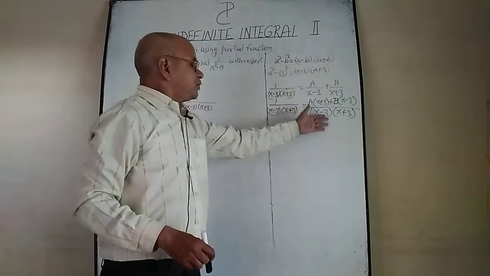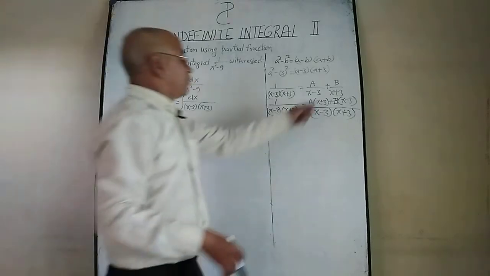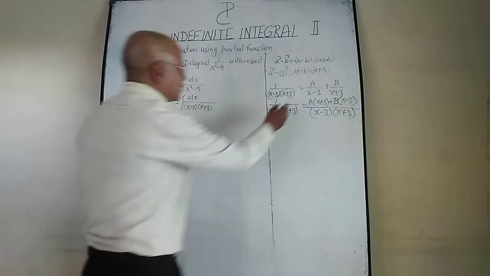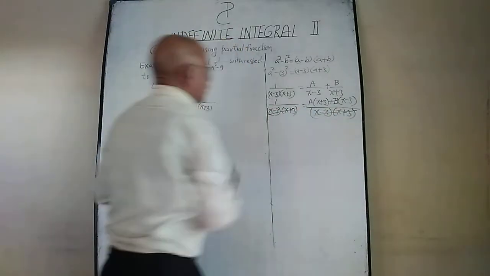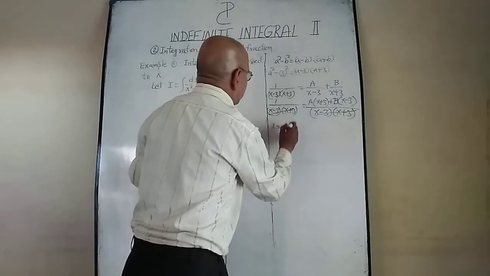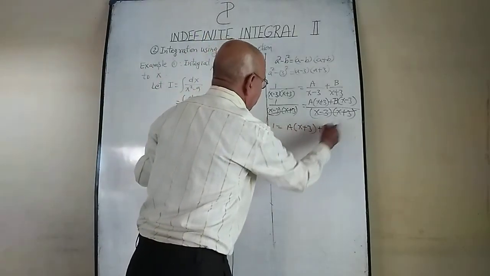Let's take the LCM, which is a into x plus 3 plus b into x minus 3. Here x minus 3 and x plus 3 cancel, and this gives 1 is equal to a into x plus 3 plus b into x minus 3.